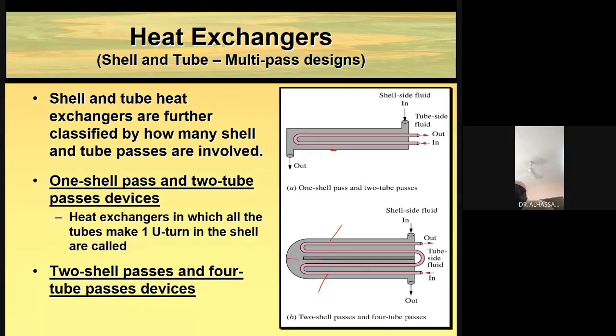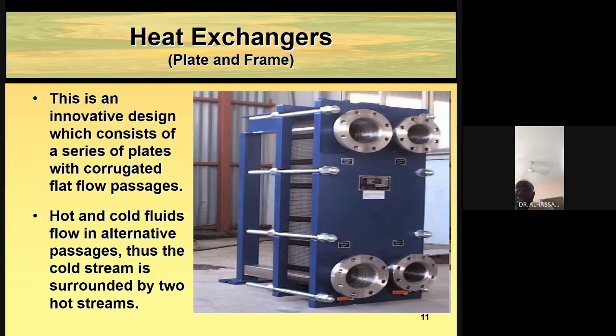So we have two shells and four tubes: 1, 2, 3, 4. These are also different types of heat exchangers. Then we have the plate and frame heat exchanger, which is also widely used in industry.